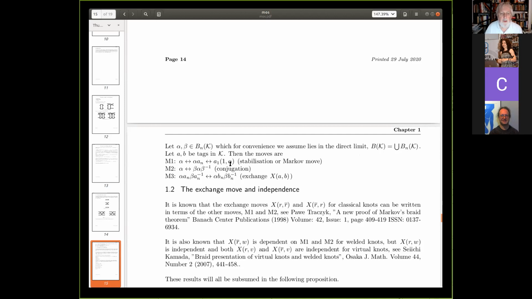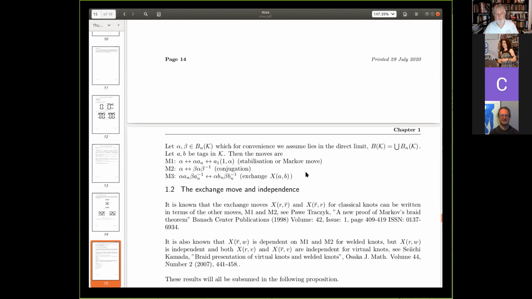And in this one, I'm raising alpha up a bit, so I can multiply by A_1. Okay, so this is stabilization or Markov move. Then we've got alpha goes to beta alpha beta inverse, conjugation. That's the usual one. And then we've got the exchange move, okay, which I've written like this, where we swap A for B, okay, and that's the exchange X_AB.